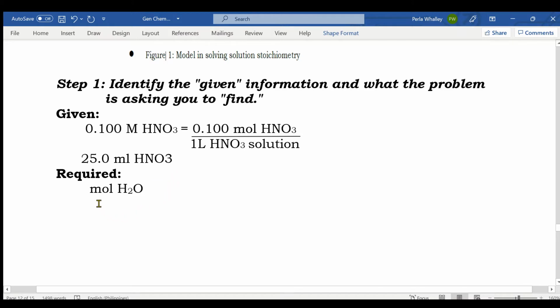And required is moles of water. This molarity, remember, we can reverse depending on what we need to cancel out. So this can also be equal to 1 liter HNO3 solution over 0.100 mole HNO3.